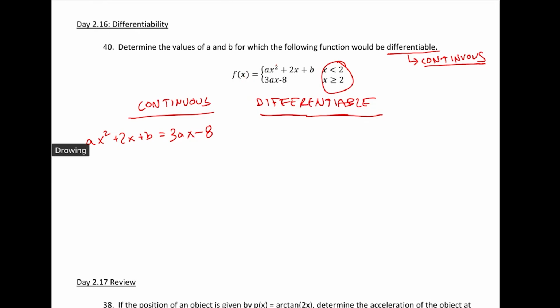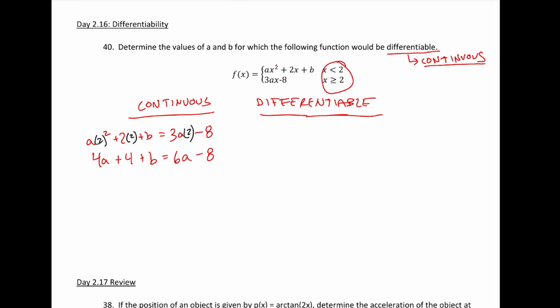So what I'm going to do here is substitute these x's for 2's. And now I'm going to simplify this equation. Okay, 2 squared, that's 4. So you get 4a plus 4 plus b equals 6a minus 8.